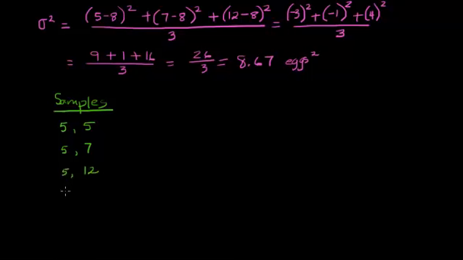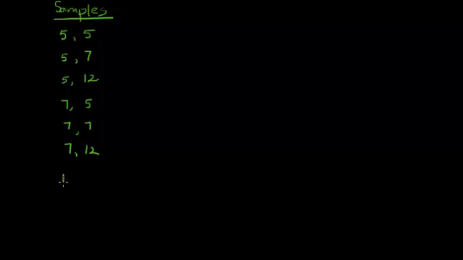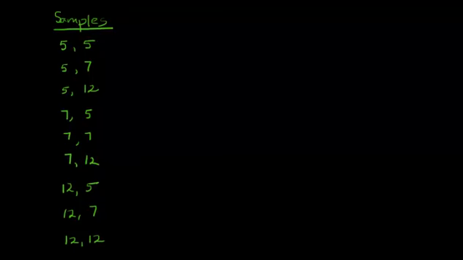You remember my pattern, how I did this, and I did 7, 5, 7, 7, and 7, 12, and then 12, 5, 12, 7, and 12, 12. So we had 9 possible samples in our population. That's every possible sample of size 2 that we could draw from this population.